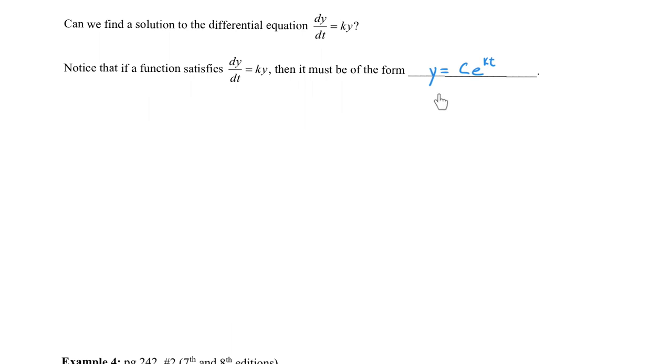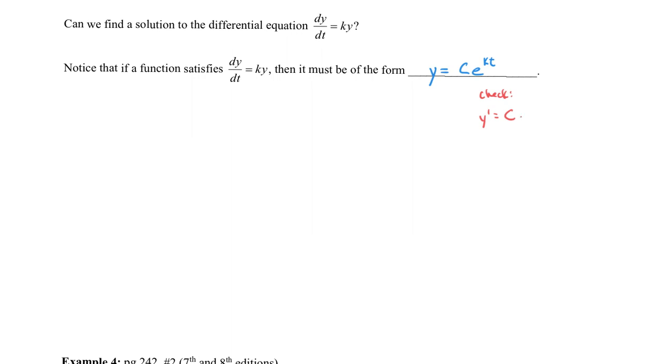And we could actually check this. If y equals c times e to the kt, let's take the derivative and see what happens. Y prime would be, well, the derivative of e to the kt is e to the kt, and then the chain rule kicks in, and that c just goes along for the ride.